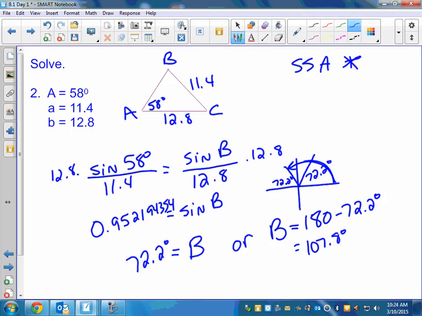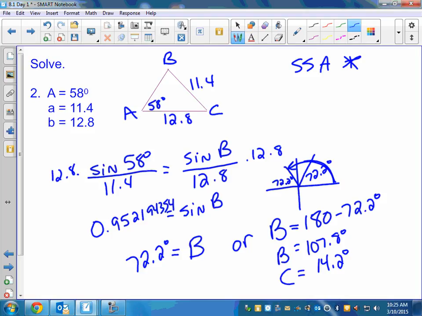But when I add 107.8 plus 58, I got 165.8, which means we could find what angle C is for that one. It's going to be really small, right? Like 14.2 degrees would be that third angle. That's a tiny angle, but it works. If you got a negative angle here, that's where you'd only have one triangle.